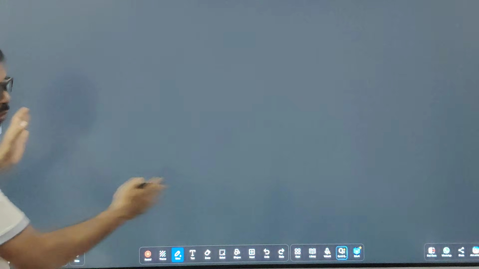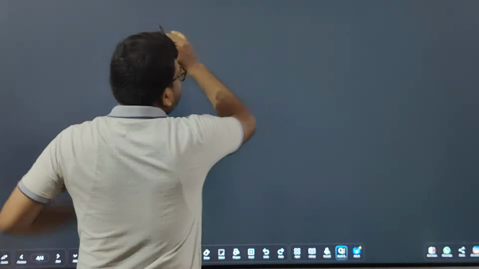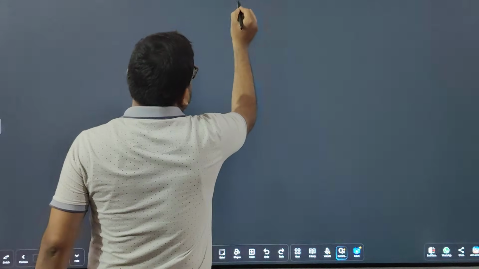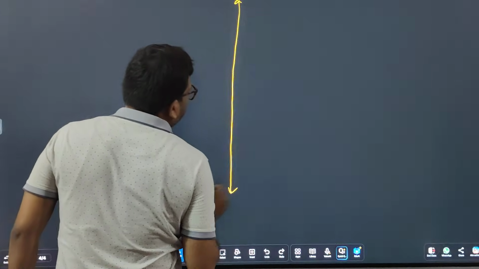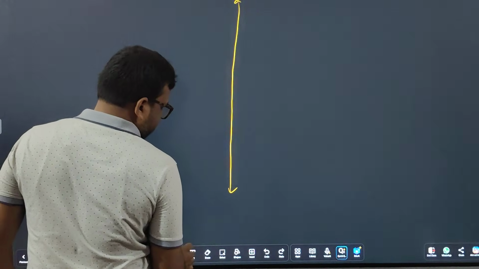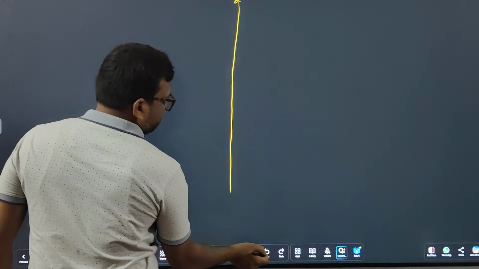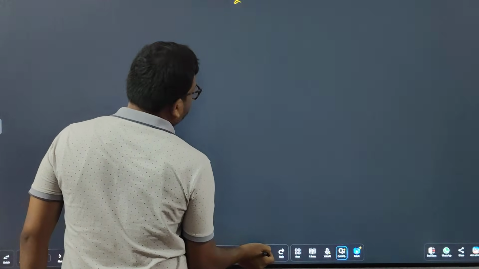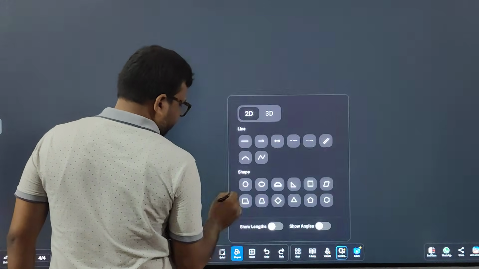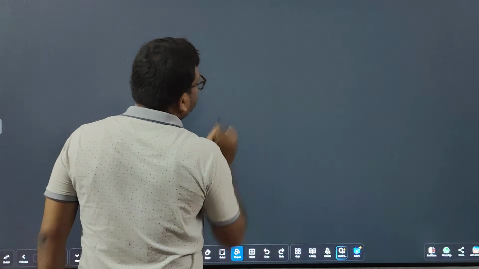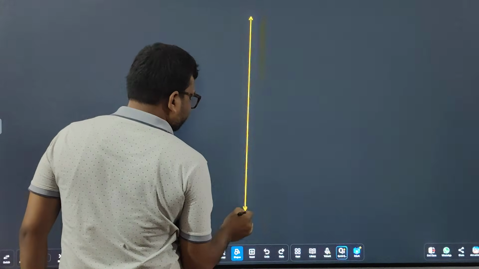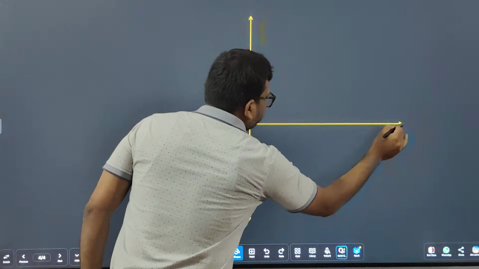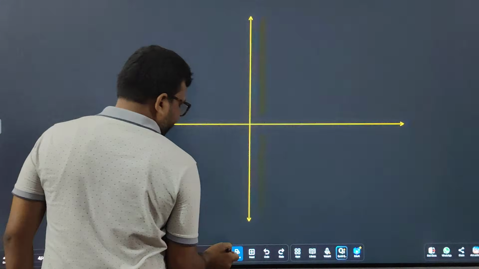If we take both the number lines intersecting in a plane, suppose this board is a rectangular plane, and here we take two perpendicular lines, horizontal and vertical. This is the horizontal line, this is the vertical line.